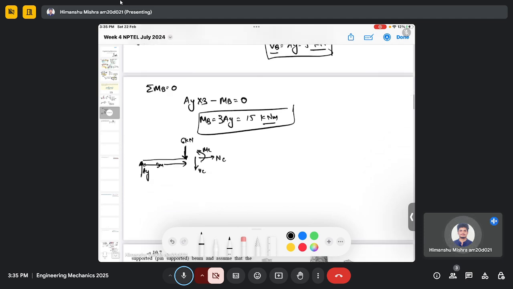So again, we will do the force balance analysis. Equating force in the y direction equals to 0. So we will have AY minus 6 minus VC equals 0. So AY is 5 minus 6 minus VC. I can take it to the right side. So this will give me VC equals minus 1 kilonewton.